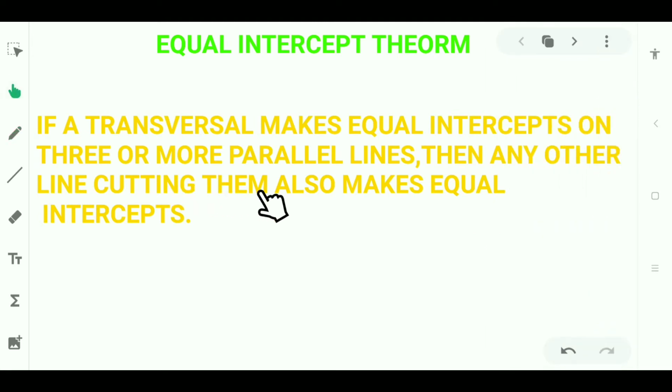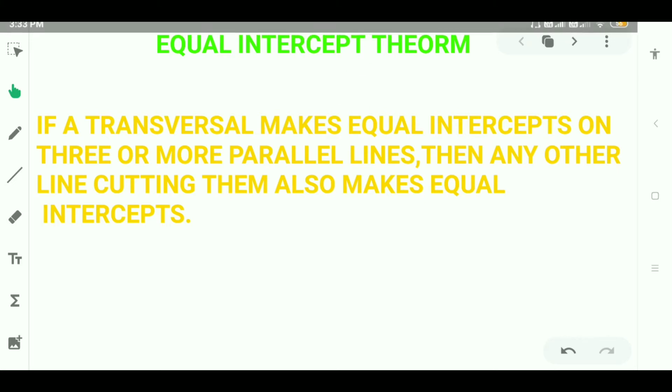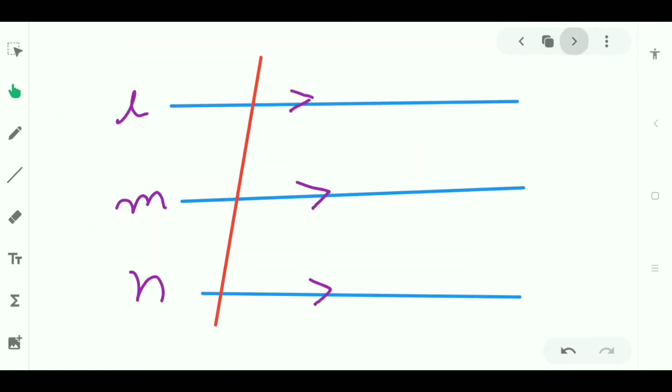Any other line cutting them also makes equal intercepts.